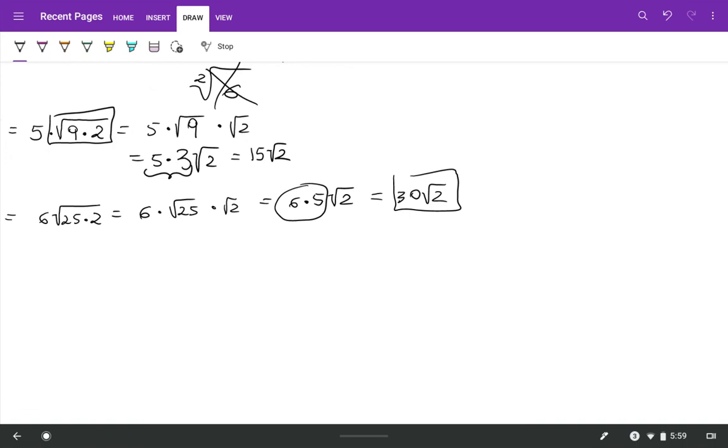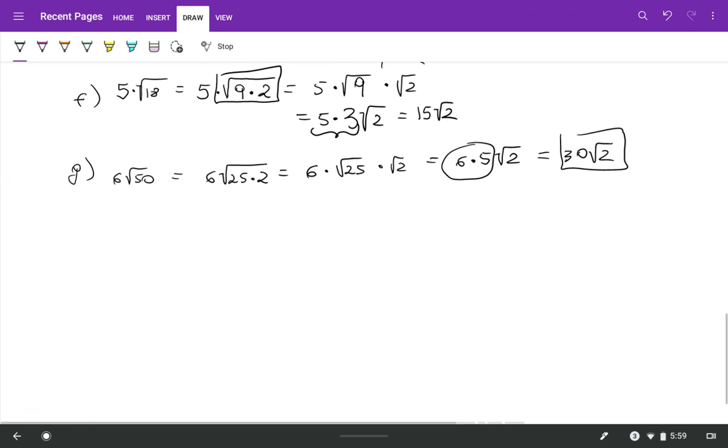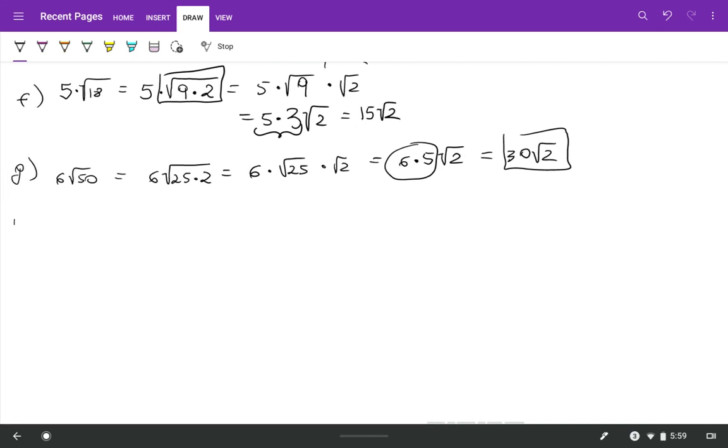Okay, and what else? Let's see, a more advanced problem. H. So we have radical of index 4, and we have a huge expression: 32, A to the power of 10, B to the power of 19.